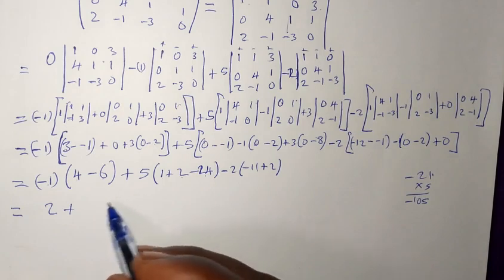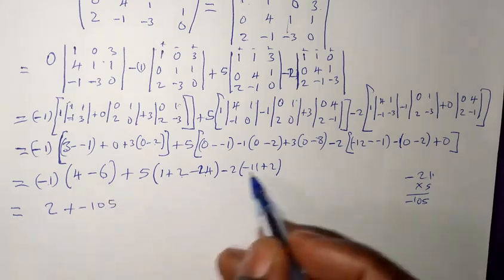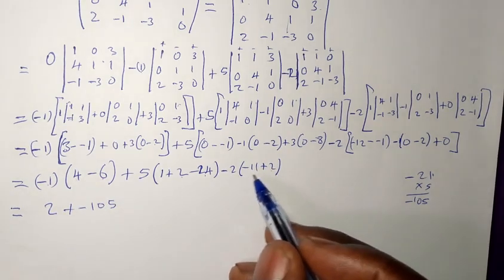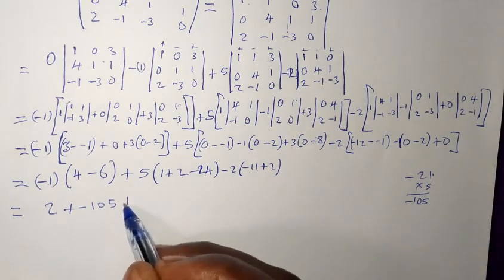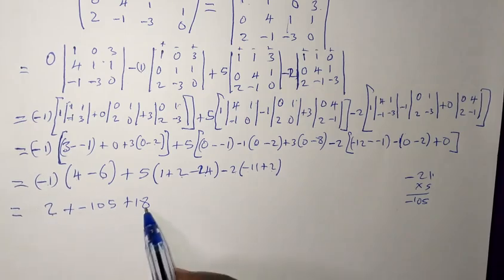So minus 105, then minus this plus this give us minus 9 times this one to give us plus 18. So now this plus this is 20.